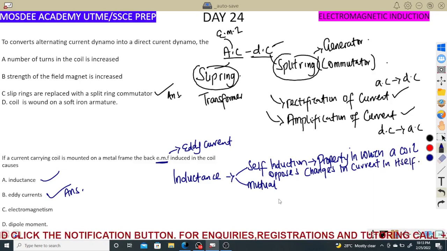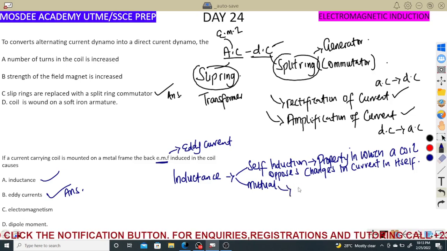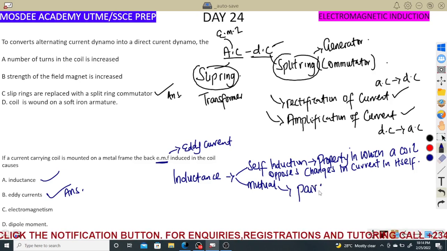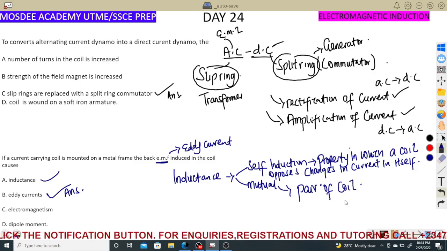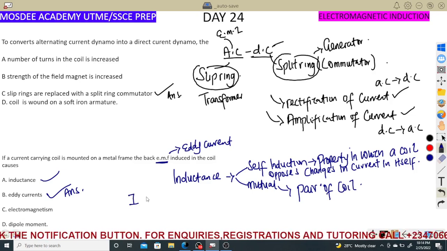So we call that self-induction. Then the other one we call mutual induction has the same definition, but this is defined for pairs of coils. That is, you have more than one coil. For example, for any coil that is carrying the current I in a magnetic field B, we said the current I is proportional to the magnetic field.